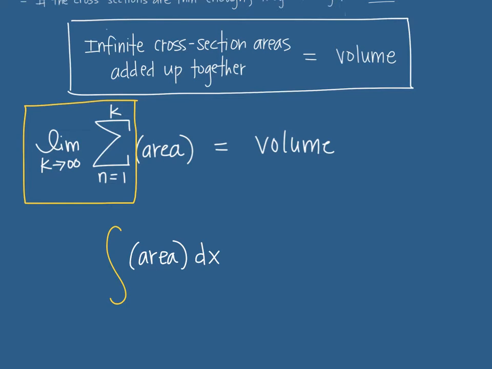The integral of area will become volume over any interval starting at an A and ending at a B. But that integral symbol, that one beautiful, elegant symbol, encompasses the idea of sigma, the idea of infinity, and the idea of limit, all in one beautiful symbol. Okay, but that's what it represents. Okay, you find me the area, and I will integrate it and tell you the volume.